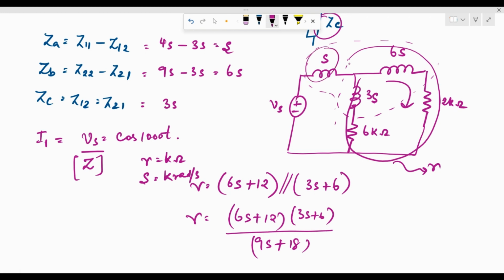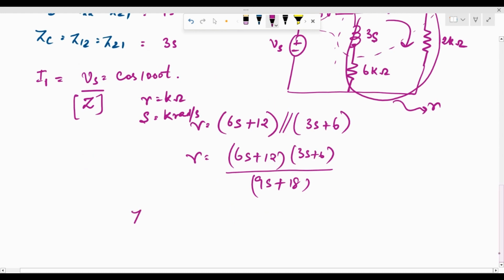Now this R is going to be in series with this s. So finally, Z is going to be equal to R plus s. Let's take 3 common in the denominator, and the 3 gets cancelled out.